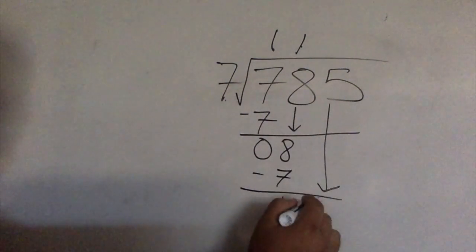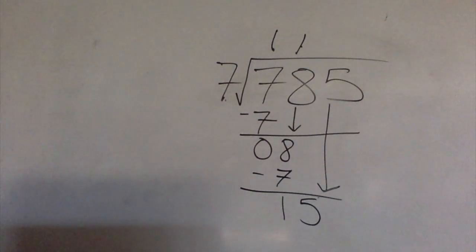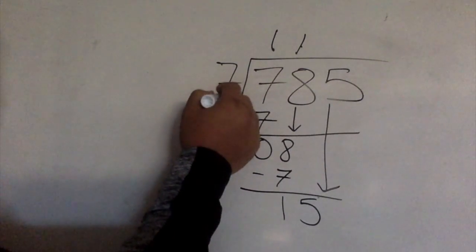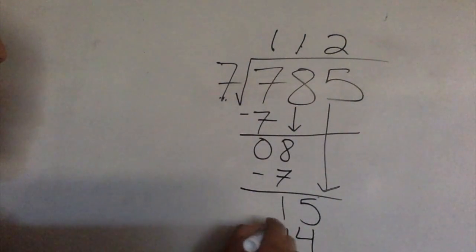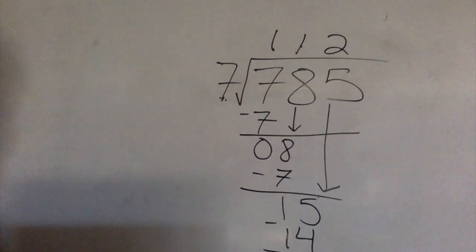And then we drop the 5. How many times does 7 go into 15? If you're not sure, take out your multiplication chart. How many times can you go in 7s without going over 15? The answer is 2, because 7 times 2 equals 14. And then 15 minus 14 equals 1.